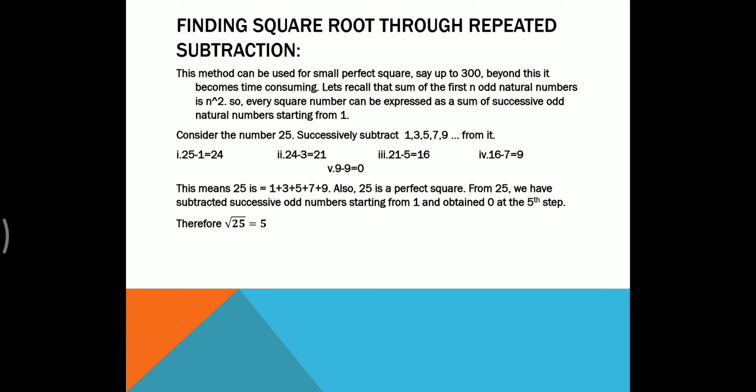Now, dear students, another method of finding the square root of numbers is finding a square root through repeated subtraction. This method can be used for small perfect square numbers, say up to 300.